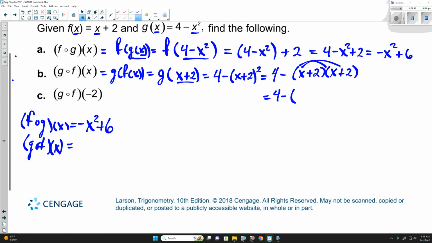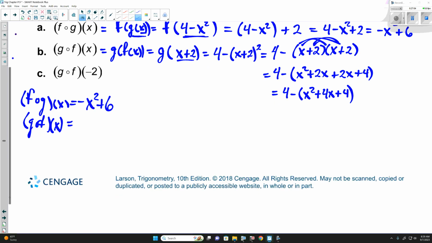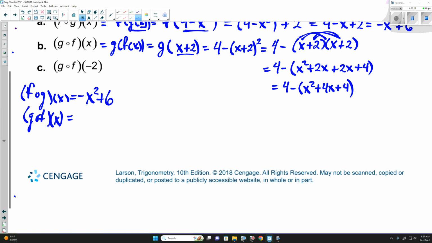So we're going to distribute this. X times x is going to be x squared. X times 2 is going to be 2x. Then we do 2 times x, it'll be plus 2x. And lastly, 2 times 2 is plus 4. And if we combine like terms, we get that we have x squared plus 4x plus 4.